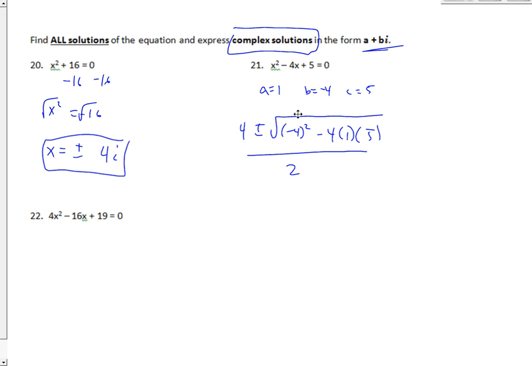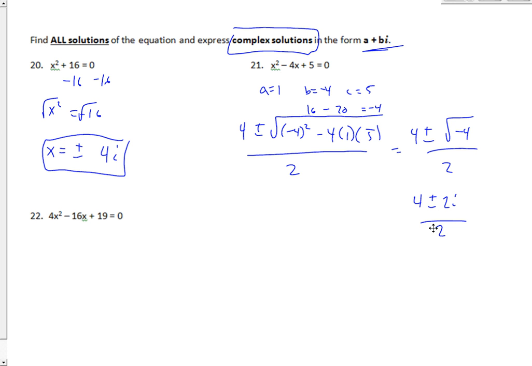Underneath the radical, I'm going to get 16 minus 20, which is negative 4. So I get 4 plus or minus the square root of negative 4 over 2. Since the square root of 4 is 2, the square root of negative 4 is going to be 2i. So 4 plus or minus 2i over 2.